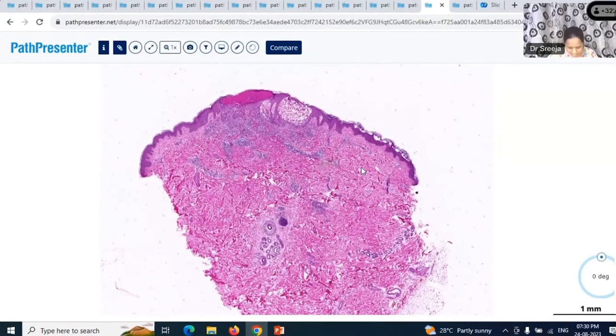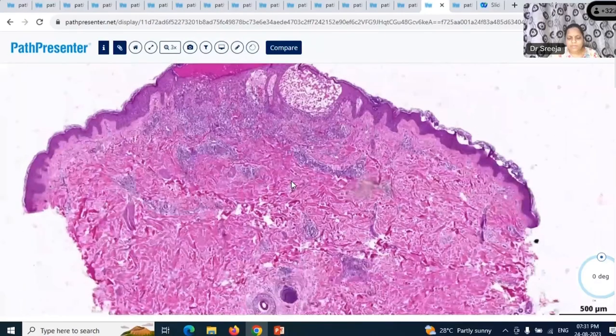Can we start with the dermal pattern? What's the pattern you're seeing in the dermis, and then go to the epidermis? Yes, there is a perivascular infiltrate, ma'am. Okay, very good. Perivascular infiltrate, and then the epidermis shows acantholysis, ma'am.